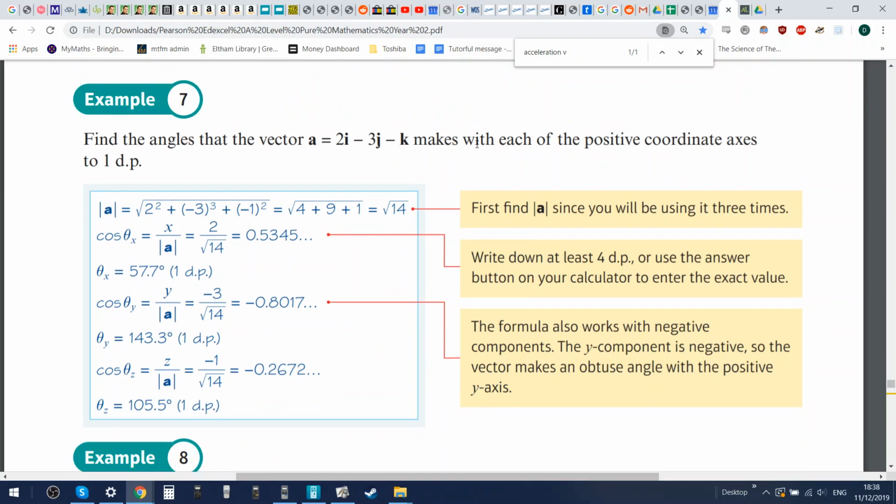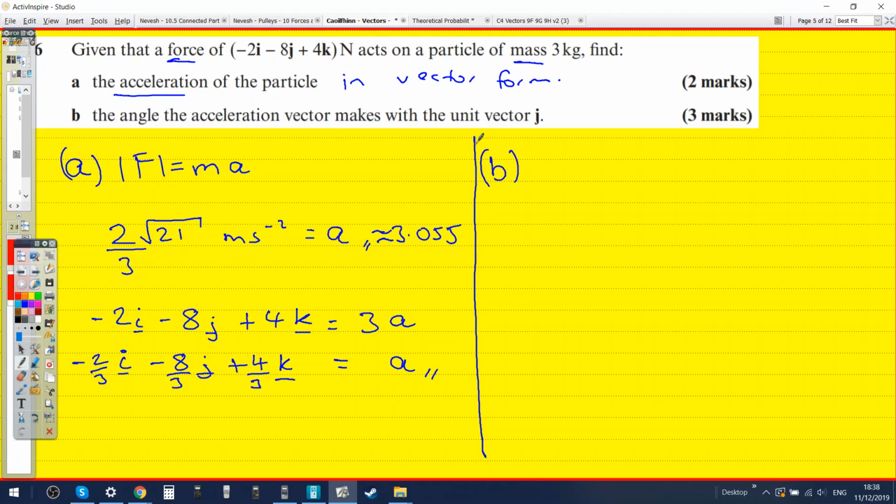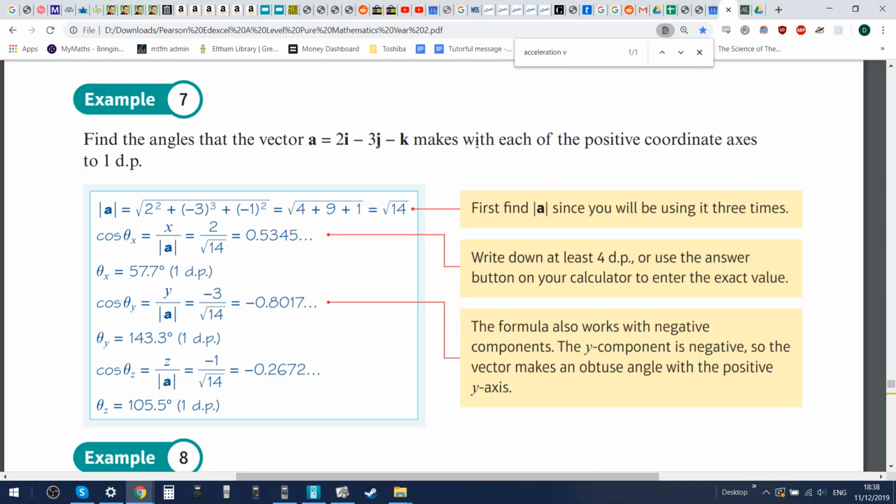Should we try and sketch it? You could, but it's 3D.